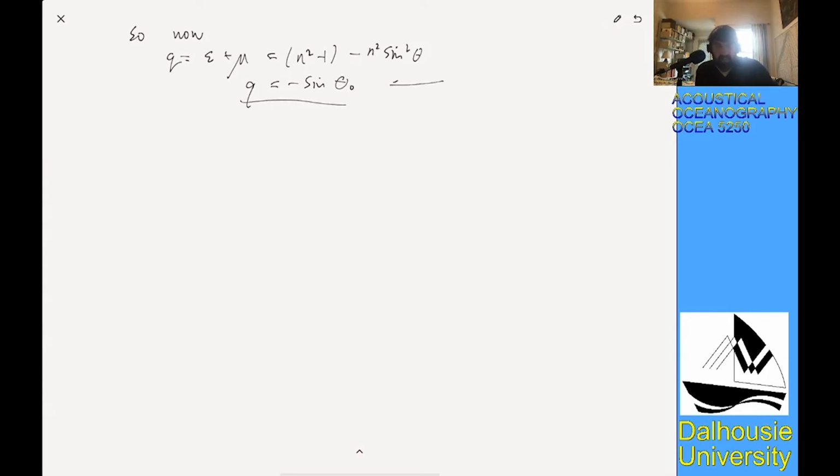So, very interesting. q is only a function of the source radiation angle, theta naught. So for horizontally propagating waves, little q really is small.